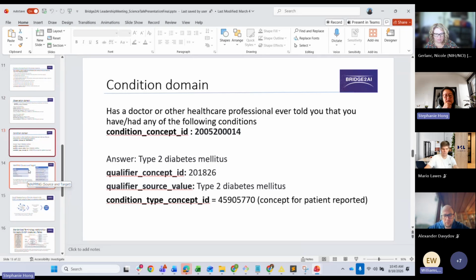And that distinction matters in case the analysts want to know how strong the evidence is, and they only want, let's say, EHR data or claims data where the condition was actually recorded. They have a way to filter those out by filtering on the provenance type.